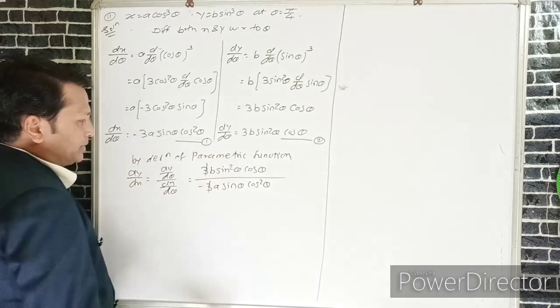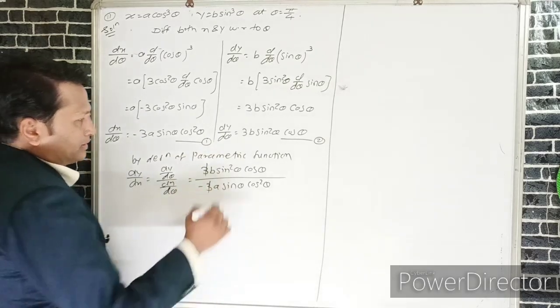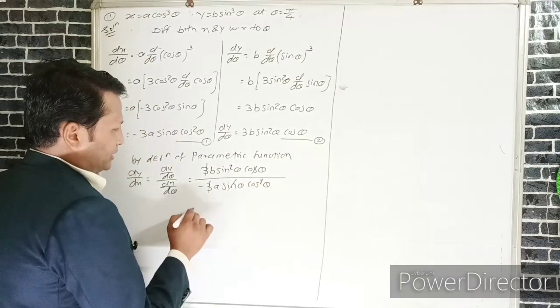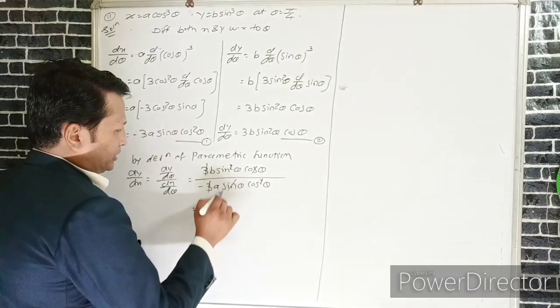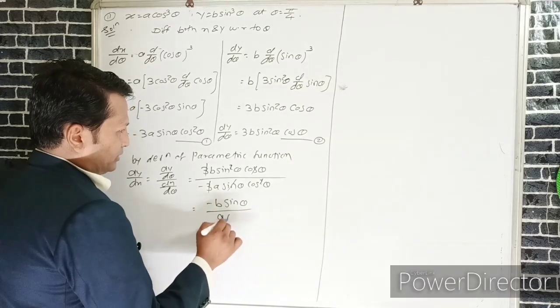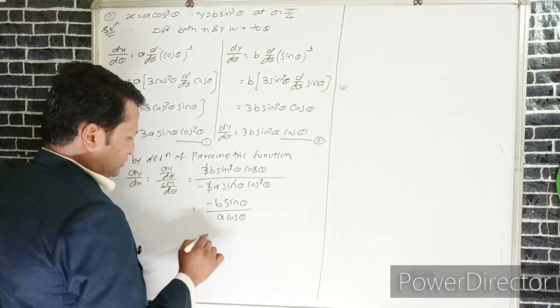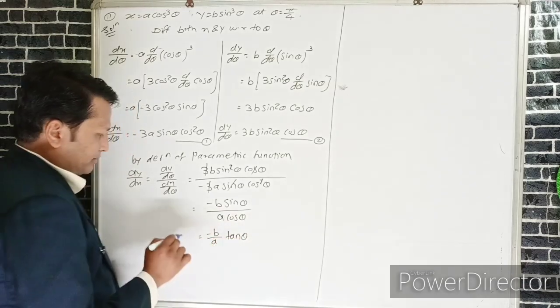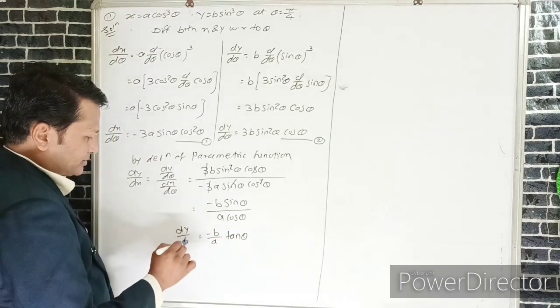Here 3 gets cancelled. Here square of sin theta cancels, cos theta with cos square cancels. We can write it as minus b sin theta upon a cos theta, which is minus b by a sin upon cos, which is tan theta, the value of dy by dx.